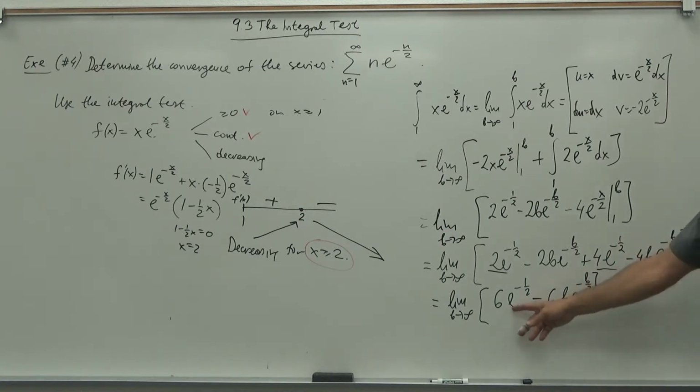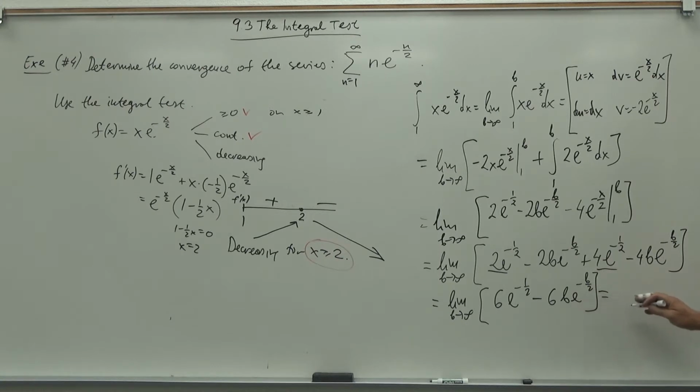And I will split this if this limit exists, so it's questionable. So it's 6 over square root of e minus the limit when b goes to infinity. I'll try to squeeze it. I'm close to the end of the board. It will be b over e to the b half.